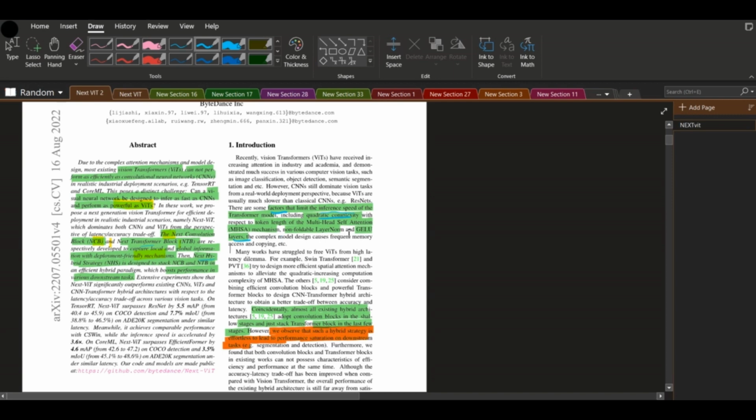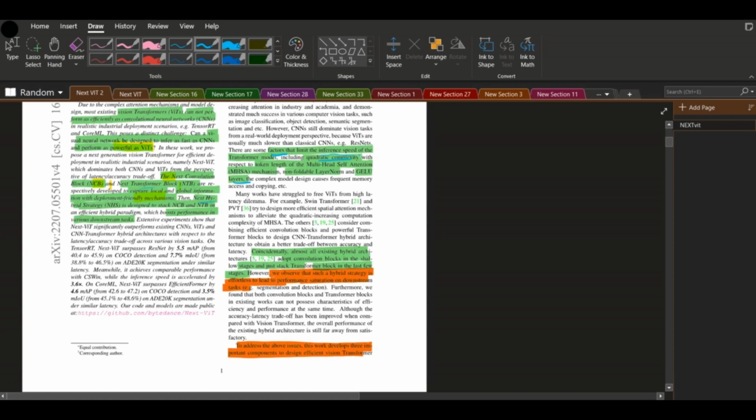Okay, so the authors also analyzed previous architectures like MobileViT, and one thing they realized is that these previous hybrid architectures adopt convolutional blocks in the shallow stages and just stack transformer blocks in the last few stages.